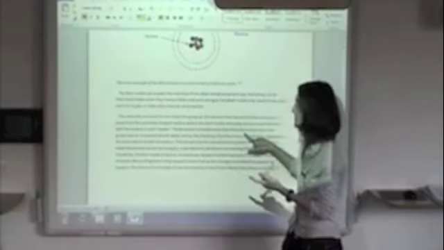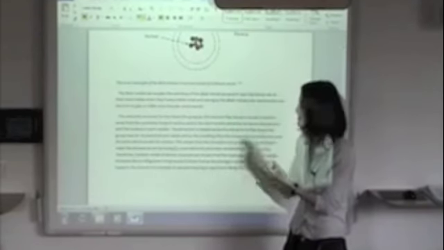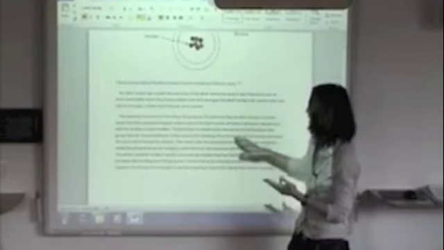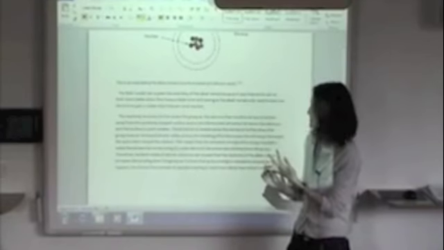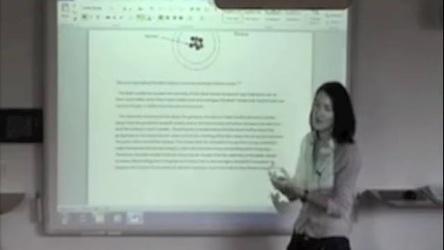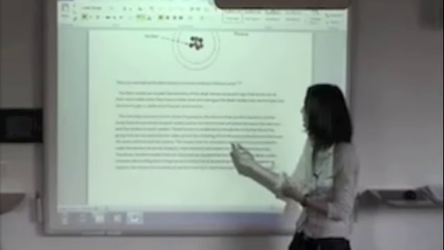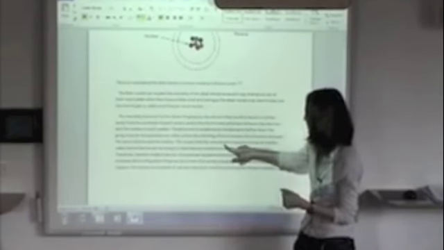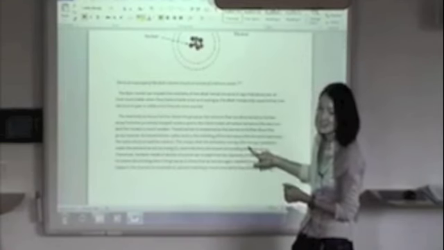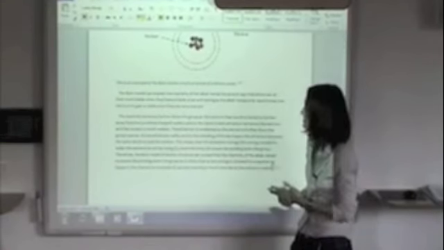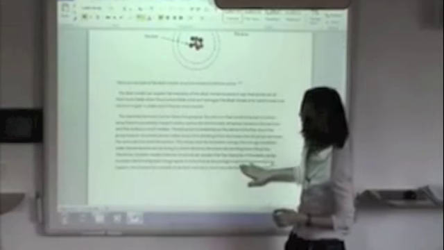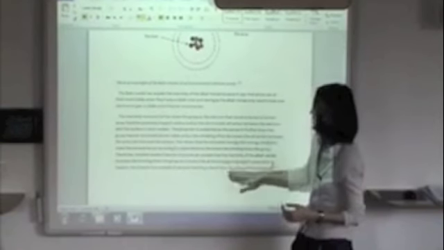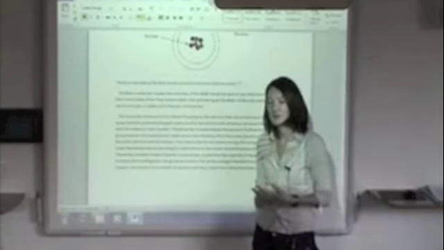This means there's less electrostatic attraction between the nucleus and the electron. It also means that it's more shielded from the nucleus. All of this meaning that the electron is more easily lost, or she uses a very advanced term here, the ionization energy decreases. That means there's less energy needed to remove that electron. And this, all in total, means that these elements are more reactive as you go down the group.